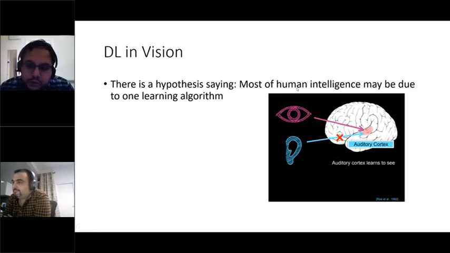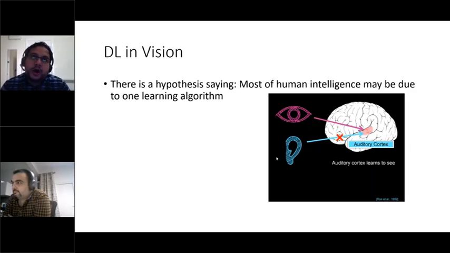And just to also draw some comparison with the human brain. There is a theory or a hypothesis saying most of human intelligence may be due to only one learning algorithm. It's like we have a zone here that is doing this learning. It is one single algorithm that takes inputs. For example, it can take auditory or visual input to learn something, and vice versa.